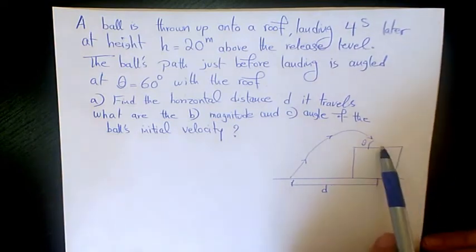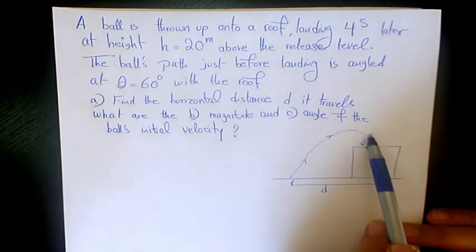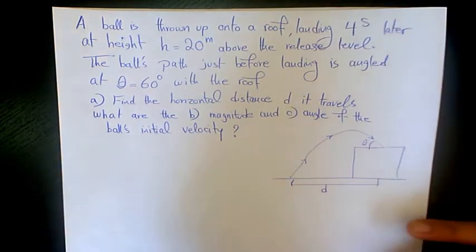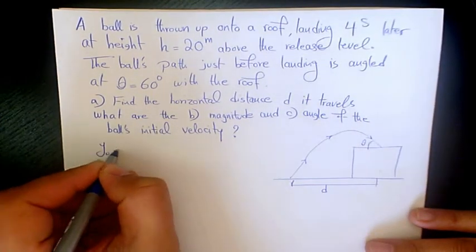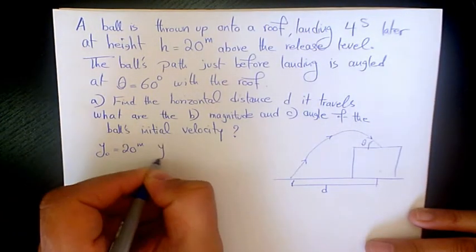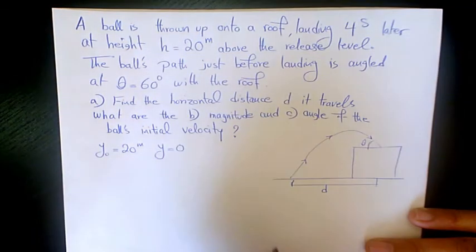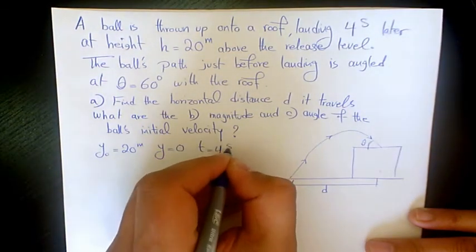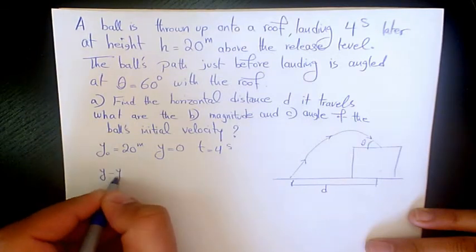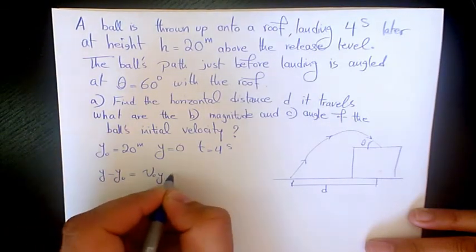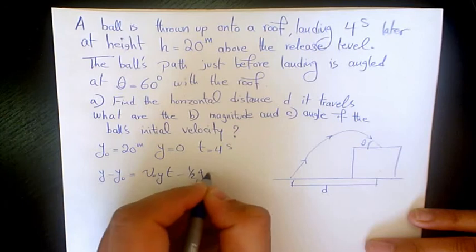It means that we just consider the ball is thrown from here and it lands here backward. So we can say y naught is 20 meters and final y is going to be 0. Time is 4 seconds. So we can say y minus y naught equals v naught y t minus 1 over 2 g t squared.